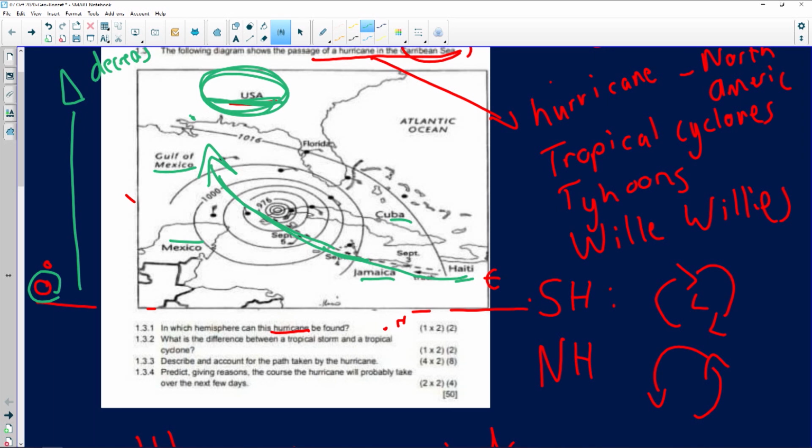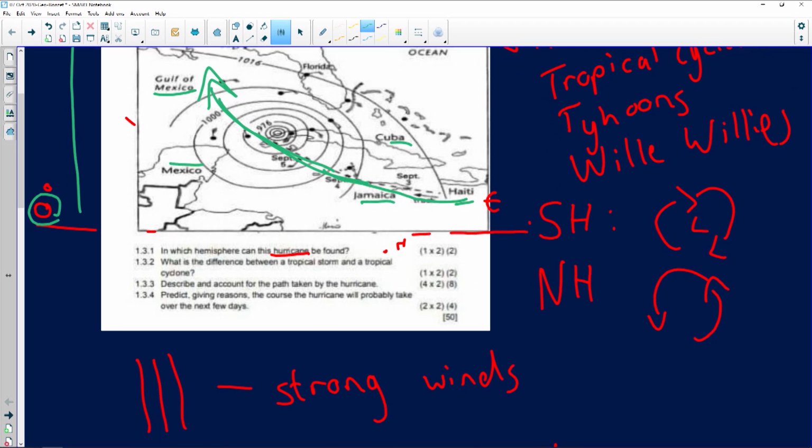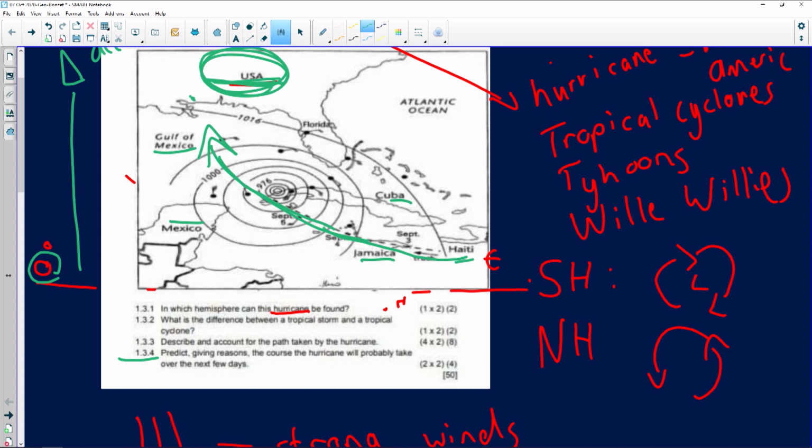So, if you just have a look at this, describe and account for the path taken by the hurricane. As you can see, it moves from east to west. It moves in the tropical easterlies, right? And as you can see, it moves away from the equator. Now, I like this question 1.3.4: predict, give reasons, the course the hurricane will probably take over the next few days. Like I've mentioned, it will move from east to west.